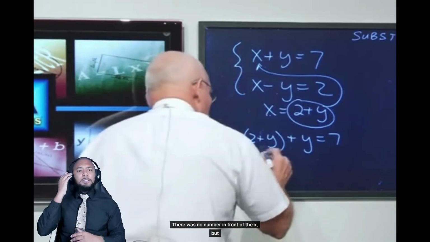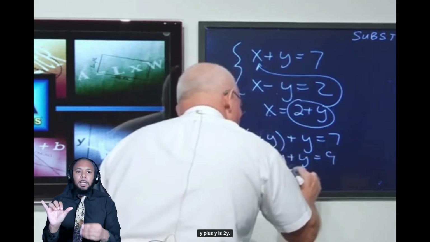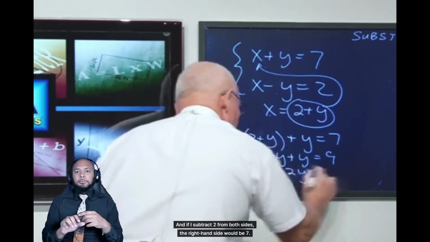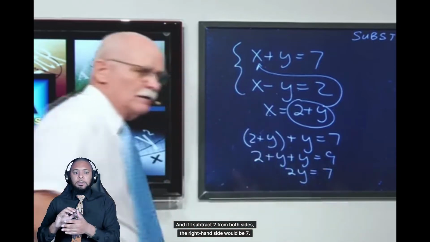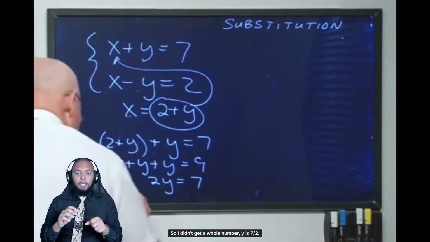But y plus y is 2y, and if I subtract 2 from both sides, the right-hand side would be 7. So I didn't get a whole number. Y is 7/2.